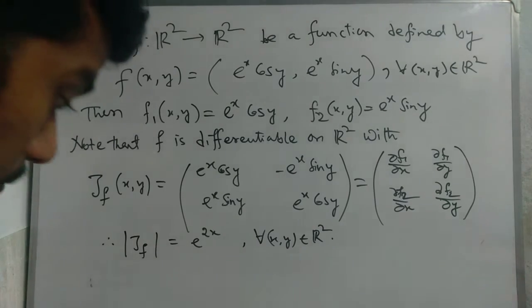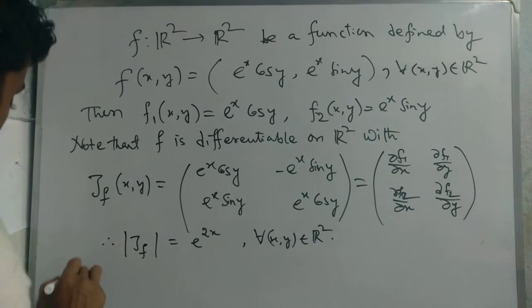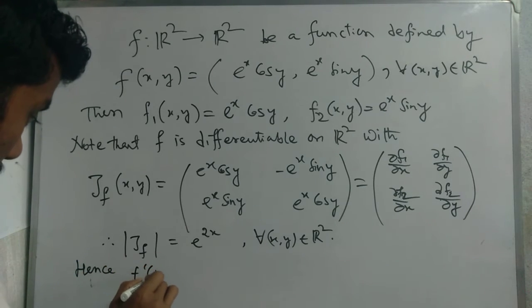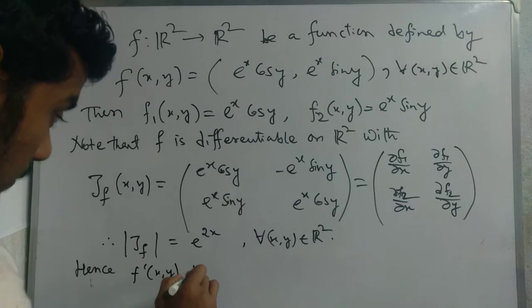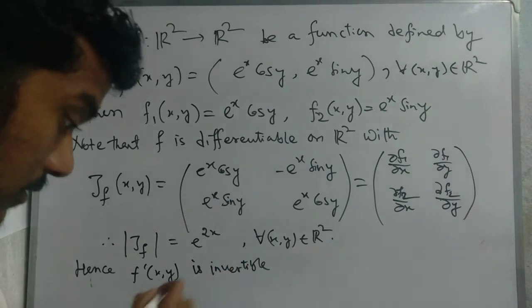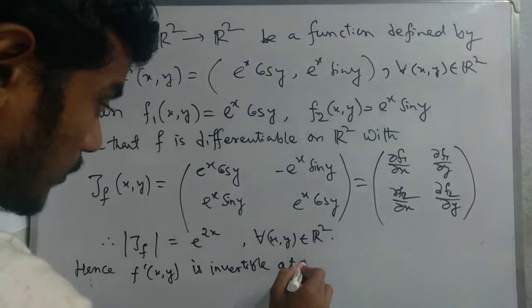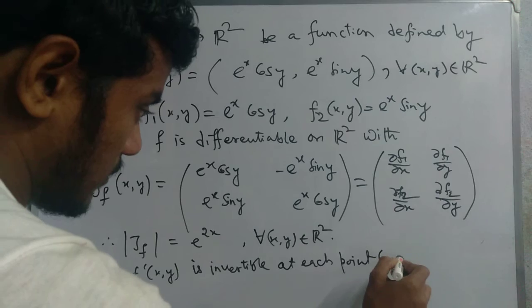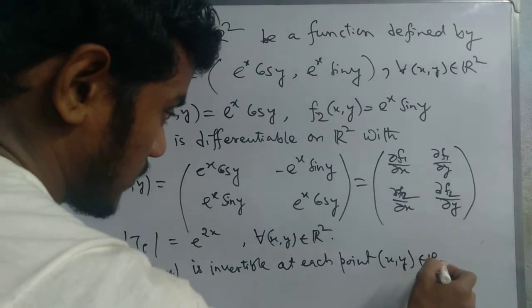Now we go on to further discussion of that. Hence f dash (x,y) is invertible at each point (x,y) belonging to R square.